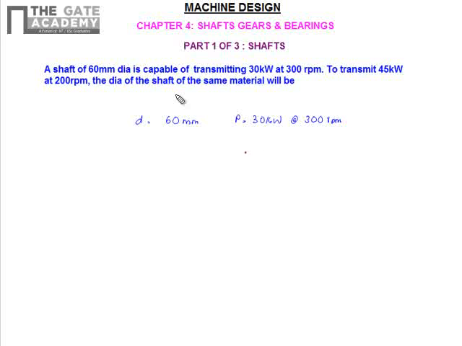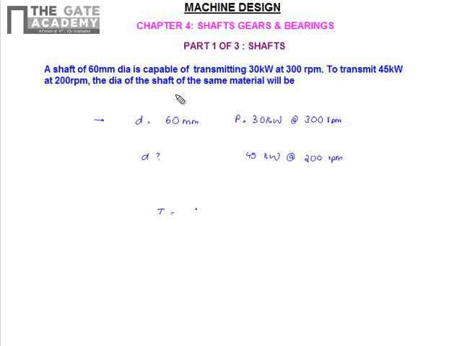Therefore, if it has to transmit 45 kilowatts at 200 rpm, what should be the diameter of the shaft? So that's the question.